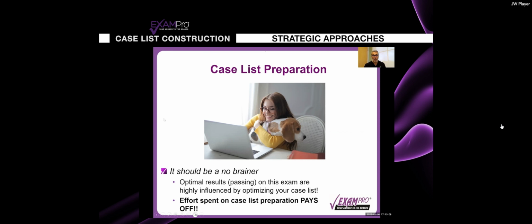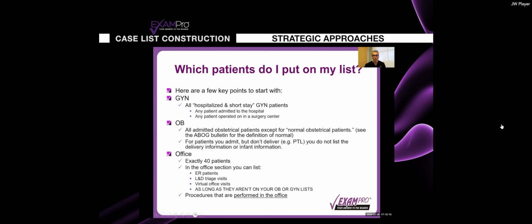Let's continue. And I want to talk for just a second about which patients you put on your list. So a few key points. GYN, remember, and the reason I'm pointing this out, because this is all in the ABOG bulletin, but these are things that I see people overlook time and again, and they figure it out near the end after they've already done their list, and then they have to go back and make changes or fix things, or they sometimes can't.